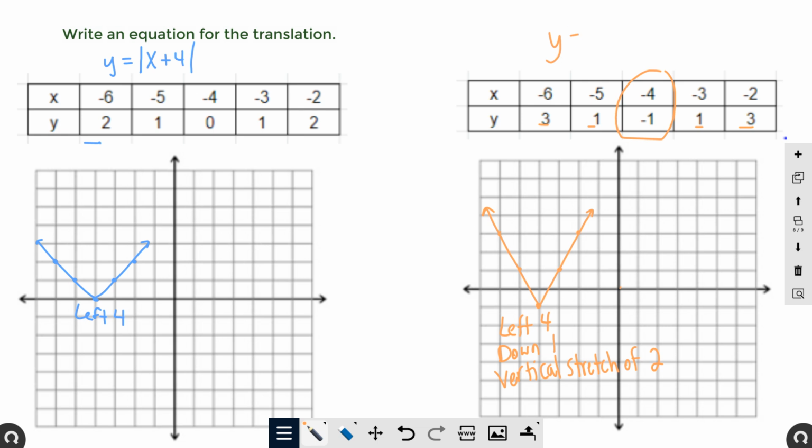So if I were to write this equation, that vertical stretch starts at the beginning. That 2 is there at the front. 2, absolute value of x plus 4, minus 1 at the end. So be careful of that vertical stretch because you might see that as you go through your problems. So, question?